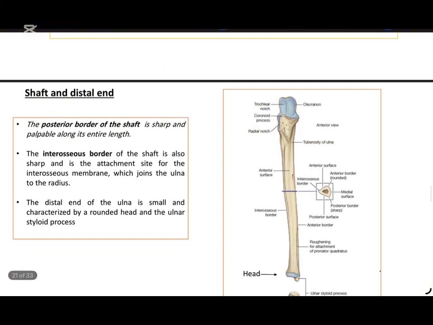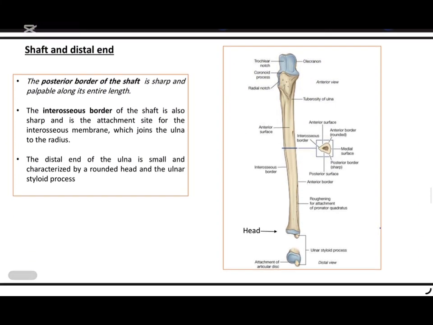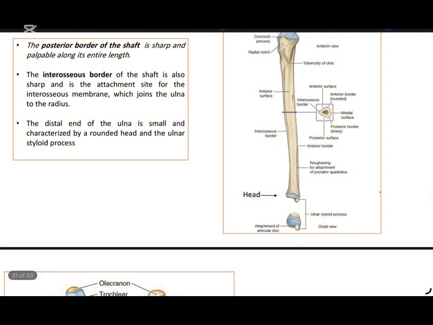Let's have a look at the shaft. What is the only thing we need to know about the shaft? The same border we saw on the radius. We call it the interosseous border for the attachment of the interosseous membrane. For this bone, I will find it at the lateral side of the shaft of the ulna. What about the distal end? We said the distal end is narrower compared to the proximal end. It has a head.